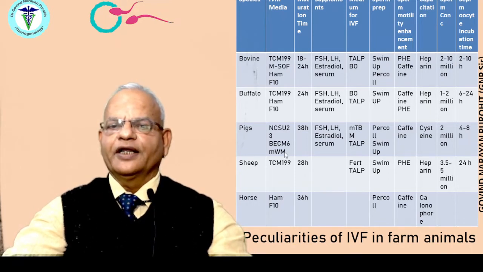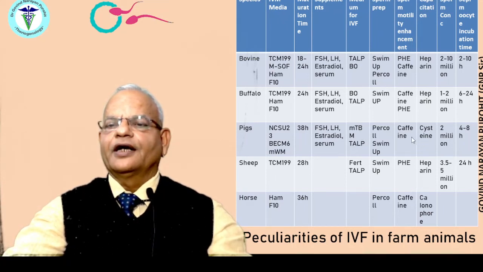Similarly, for different species, especially for pigs, the media used are different. NCSU 2, 3, and BECM 6, medium Waymouth, and they are kept for maturation for 38 hours. The medium used for IVF is mTBM or TALP, caffeine is used, and sperm capacitation is by cysteine.